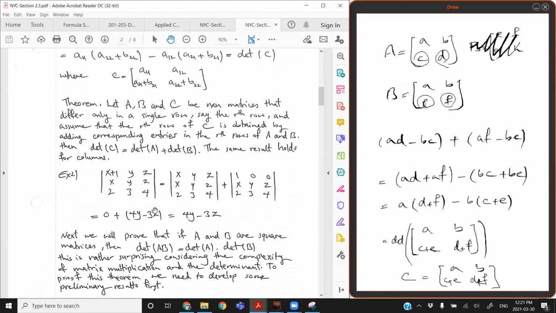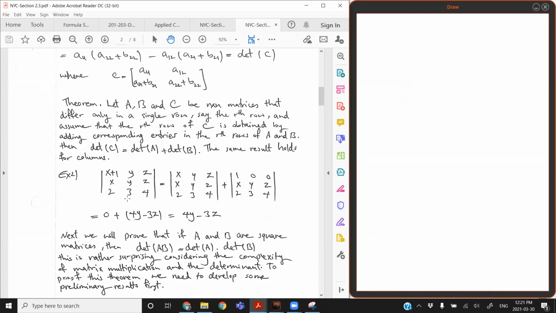How does this help? So imagine I give you something like this. I ask you to give me the determinant in terms of x, y, and z. So you have x plus 1, y, z, x, y, z, 2, 3, 4.